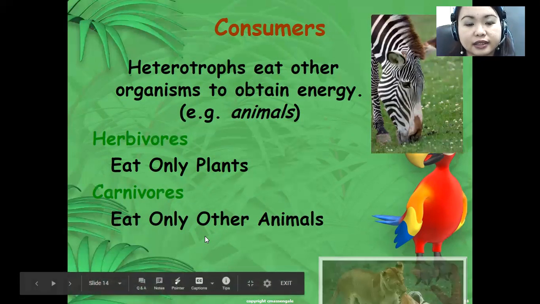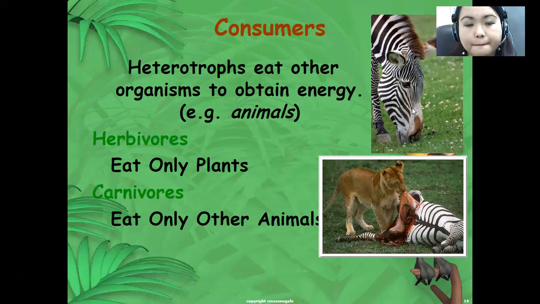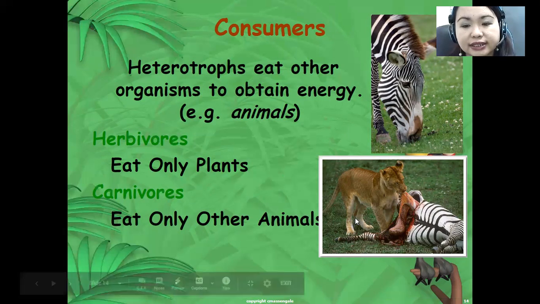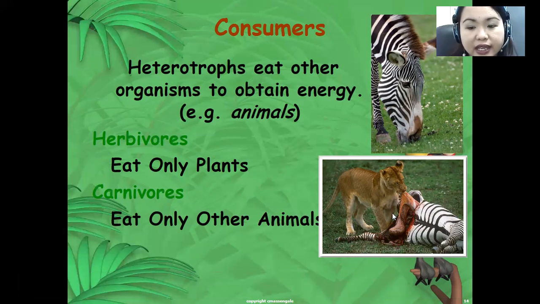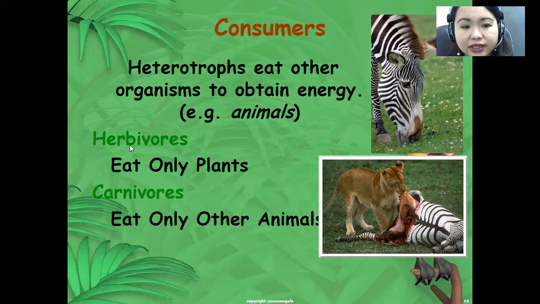An example of a herbivore is the giraffe that eats grasses, while an example of a carnivore is the lion which eats the giraffe. These herbivores and carnivores belong to heterotrophs because they eat other organisms to obtain energy.